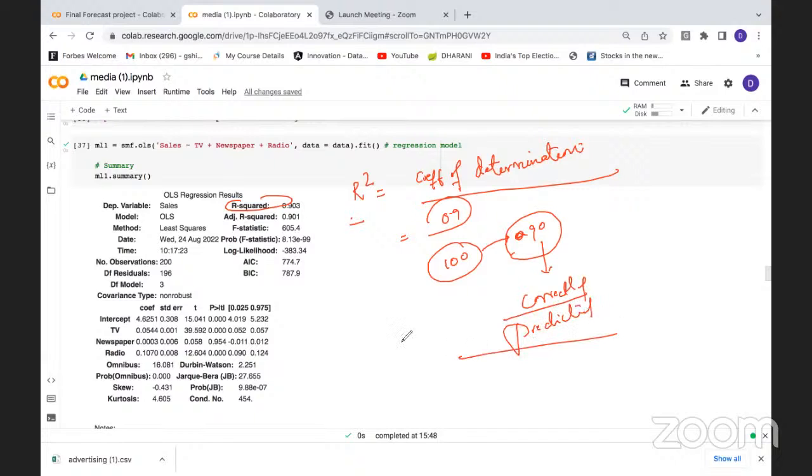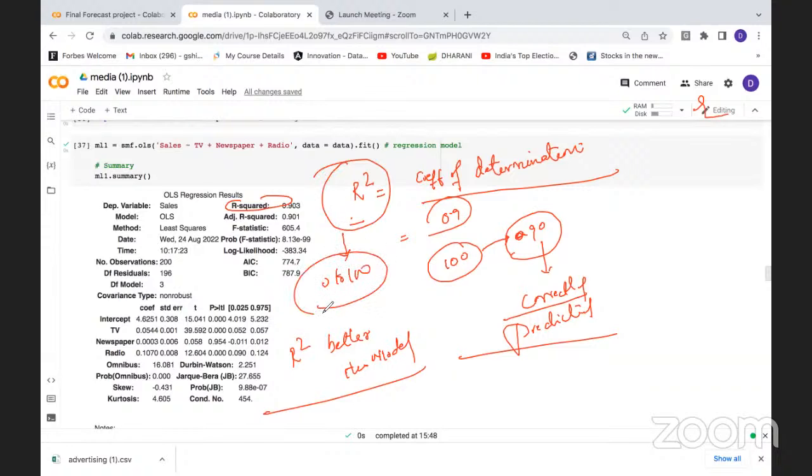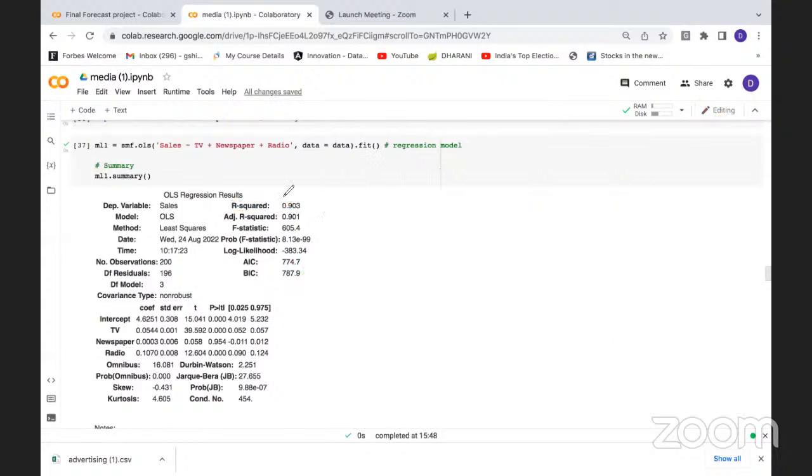That is the interpretation. Higher the R square, better the model. The R which I explained earlier and this R square are different. This range is from 0 to 100. It cannot be negative. So here it happens to be very, very good, 0.903.